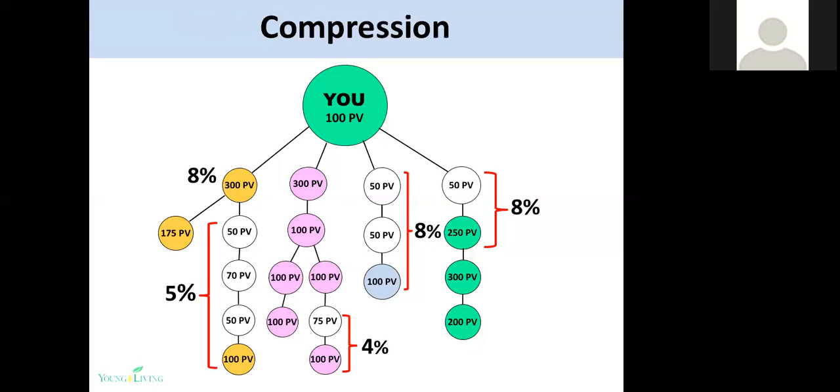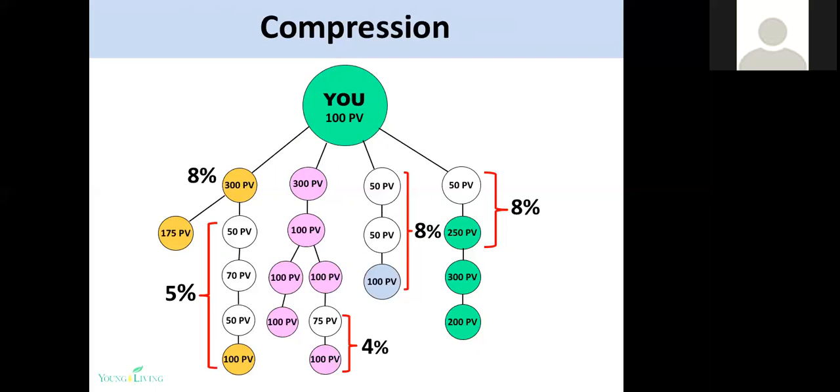But compression is a fantastic way in which Young Living shows just how generous it wants to be to its members. And the way that compression works is that Young Living, and primarily the owners of Young Living, Mary and Gary, decided that they wanted to try and maximize the unilevel commission payout for members as much as possible.